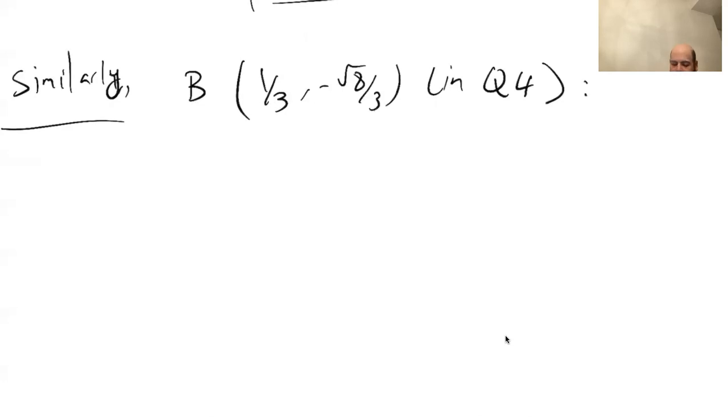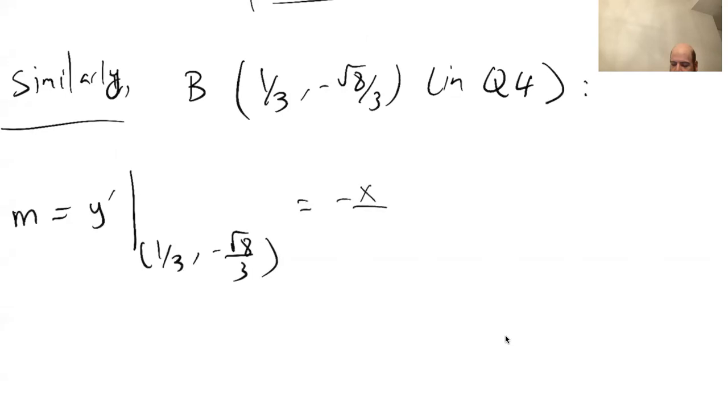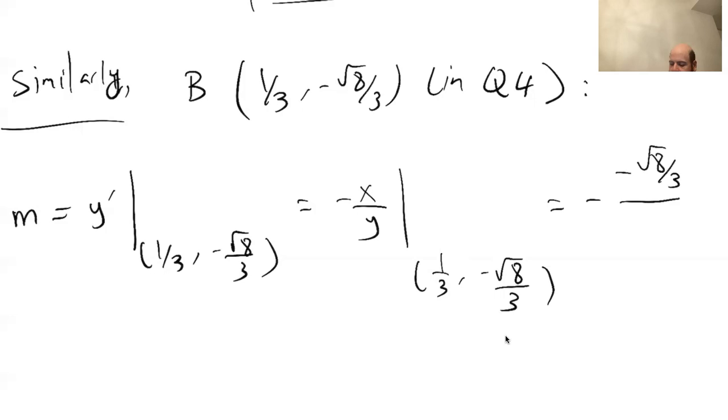What will be y prime? Y prime will be equal to, still the same formula, of course. So slope m will be equal to y prime at the point 1 over 3 and minus root 8 over 3. And this is minus x over y at that point.